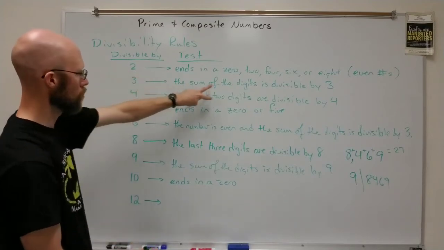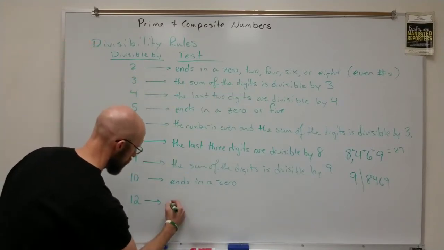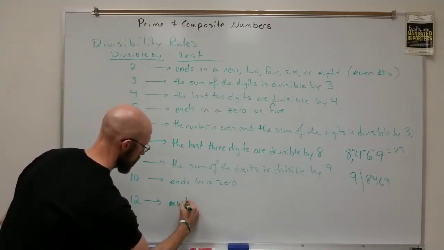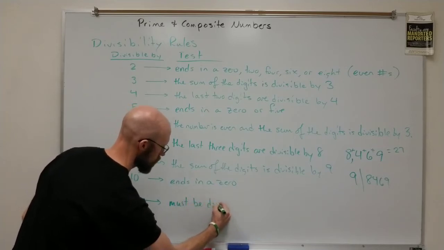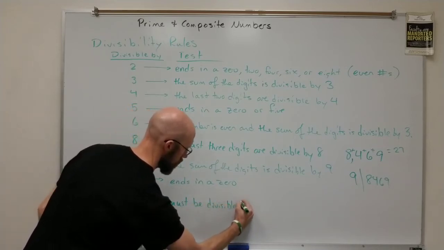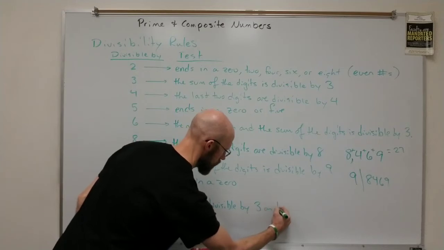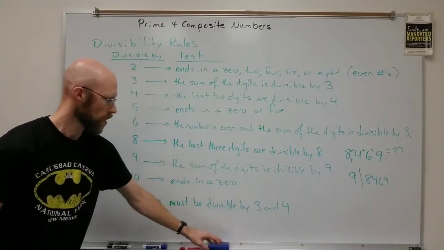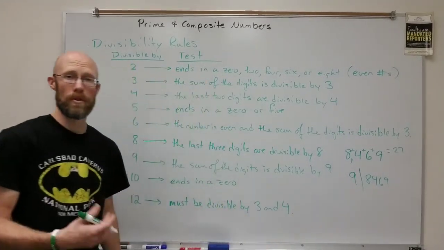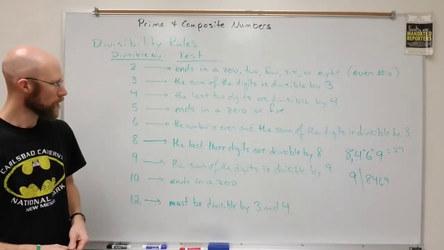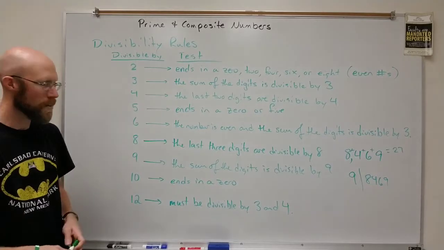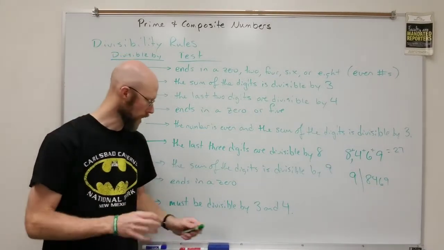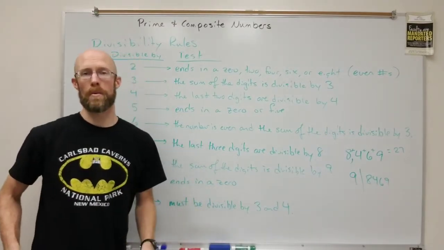So instead of writing out both those lists, I'll just say must be divisible by 3 and 4, okay? And so you just have to apply both of those rules to the number 12. Again, I said the number 7 has some rules, but they're complicated. We're not going to worry about those.